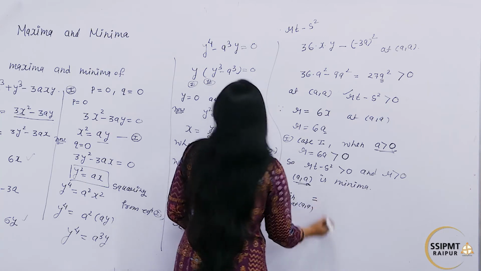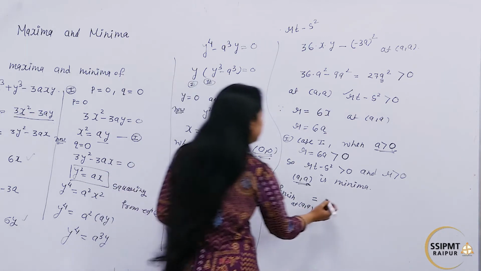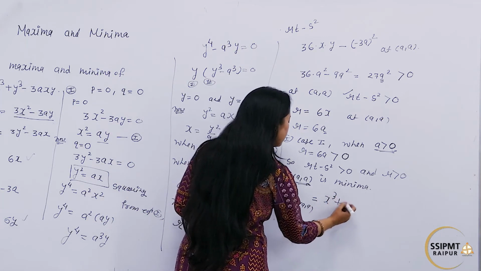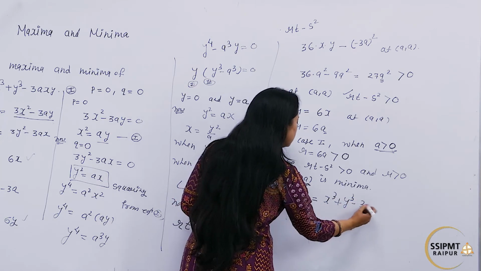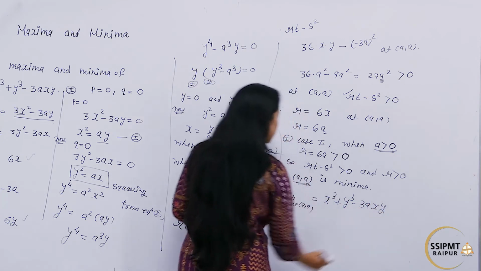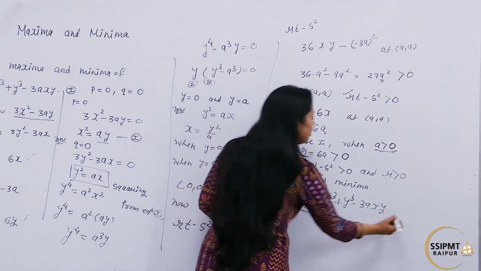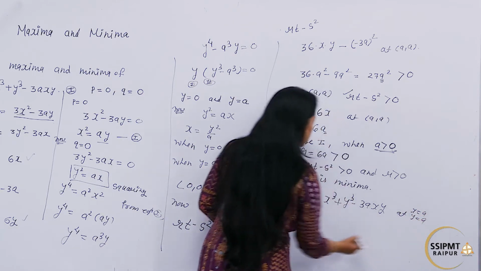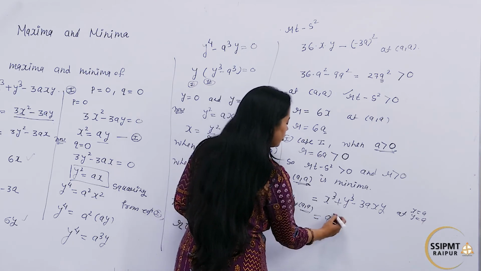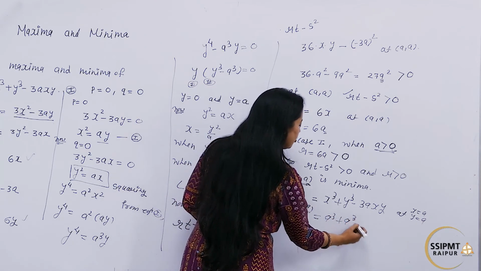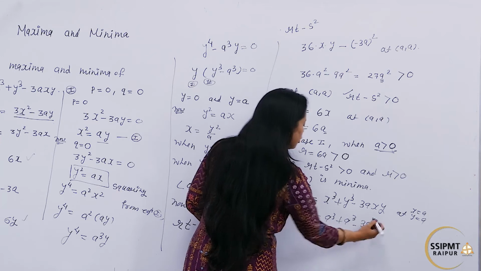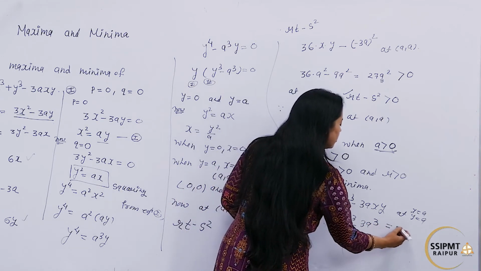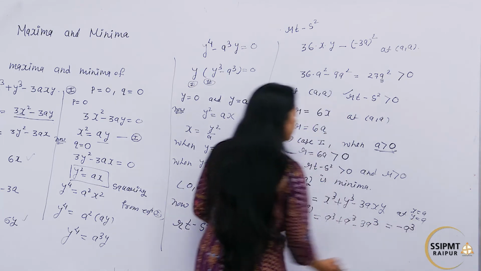The function was x cube plus y cube minus 3axy, and its minimum value will be at x equal to a, y equal to a. That is a cube plus a cube minus 3a cube, which is equal to minus a cube.